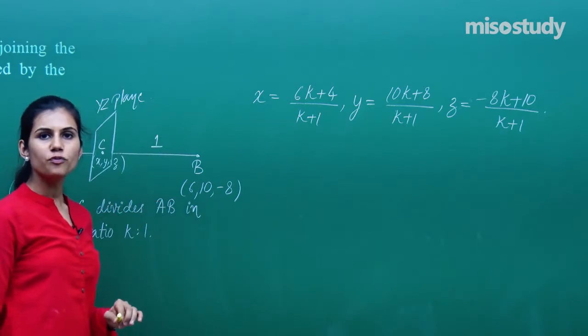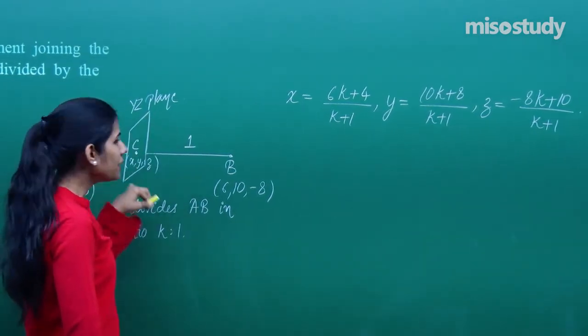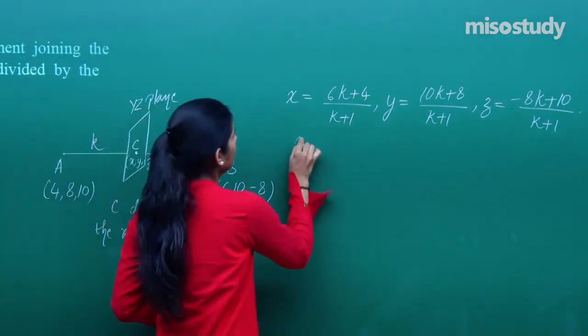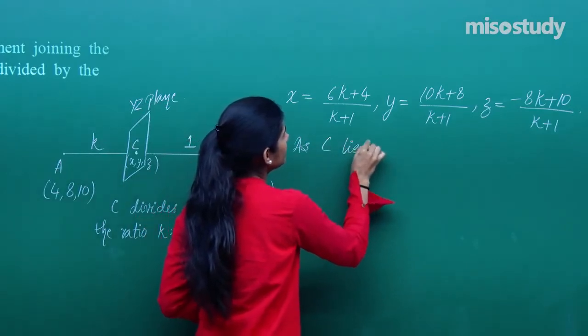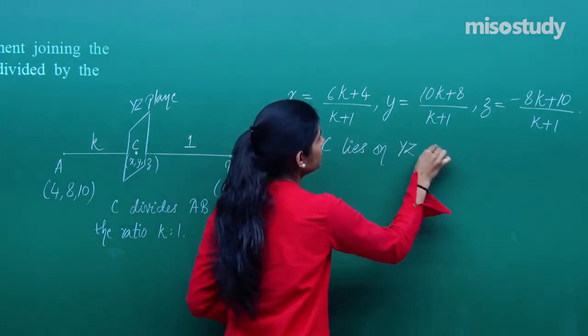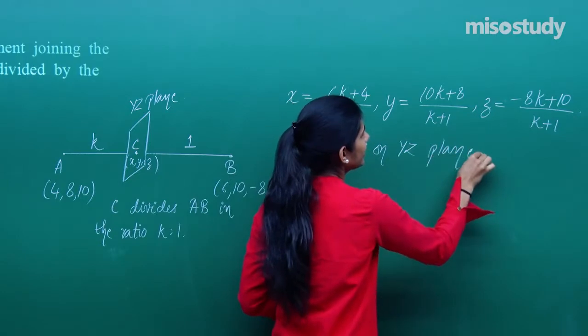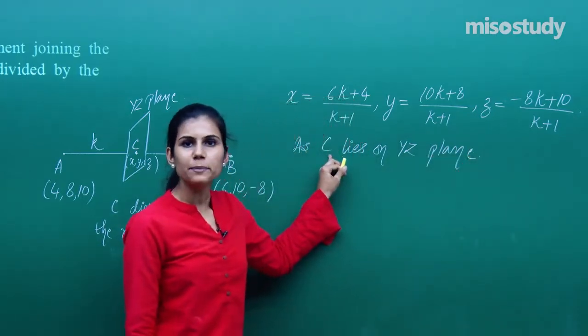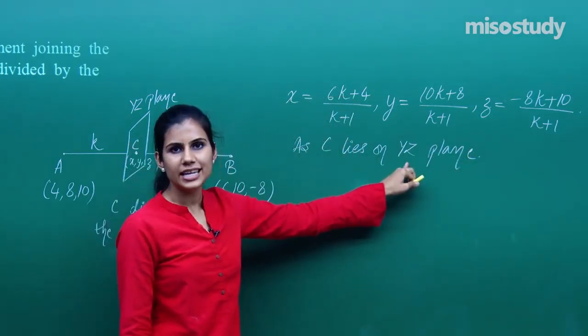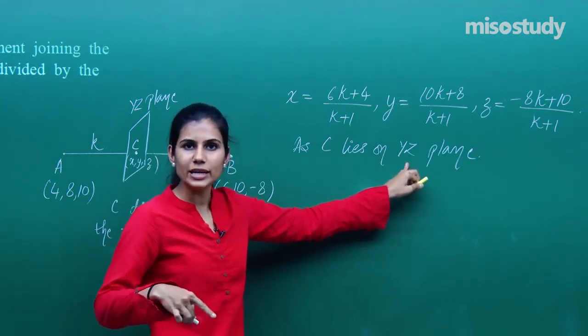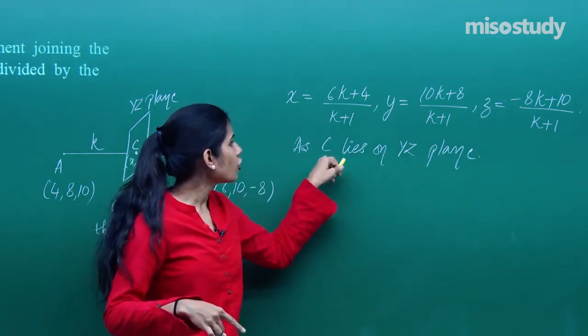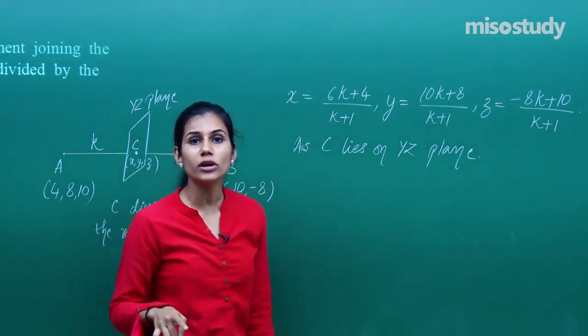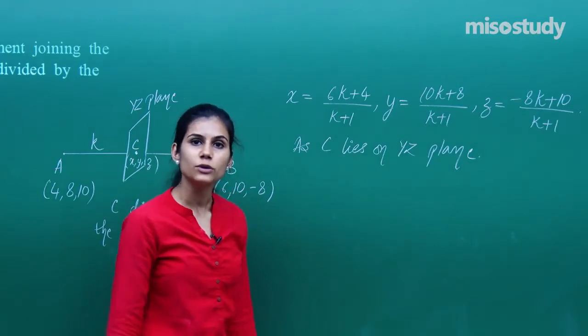But the feature of point C is that it is lying in the YZ plane. As C lies on the YZ plane, clearly from C, when you will be drawing a perpendicular onto the YZ plane, its length will be 0 because it itself is lying in the YZ plane. And the length of the perpendicular drawn from C to the YZ plane is the x coordinate of C. That means x coordinate of C would be 0.